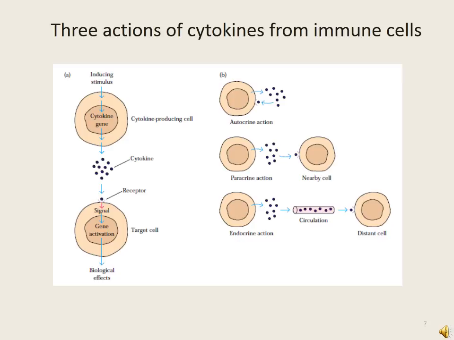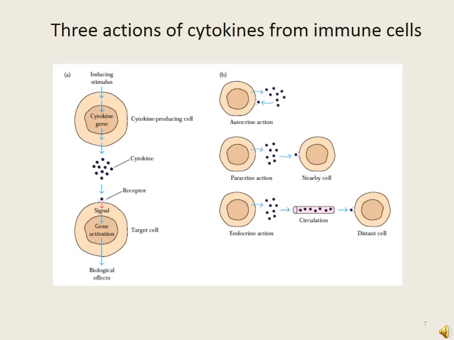And in the middle figure, you will see that if the cytokine producing cell releases cytokines in the environment, then the nearby cell which has the specific receptor will be activated. This action we call the paracrine action, okay?